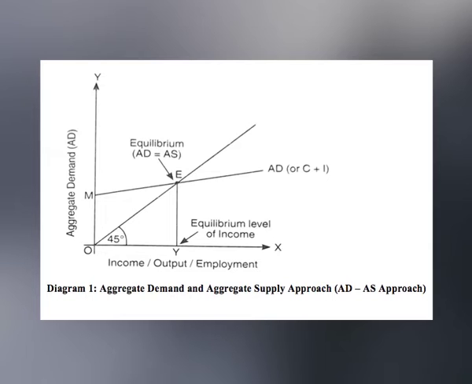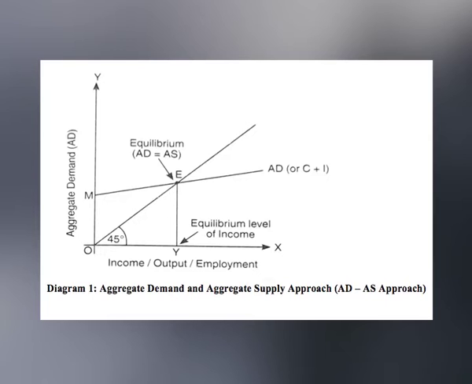The AS curve is determined by the curve of C plus S, since the received income is either expended or saved. The AD or C plus I curve shows the optimum amount of spending by consumers and businesses relative to each level of income in the above diagram.